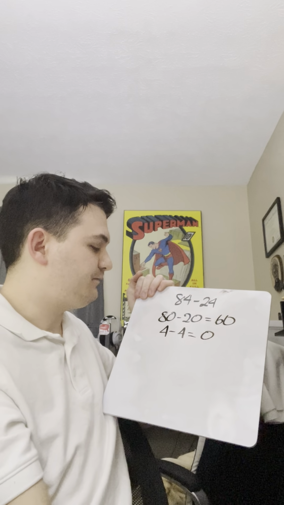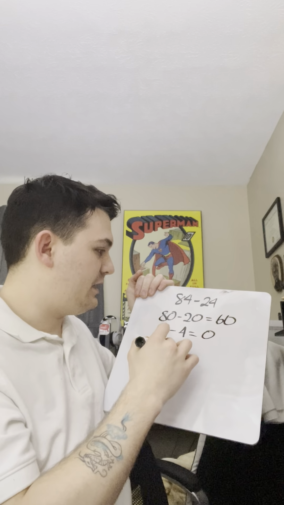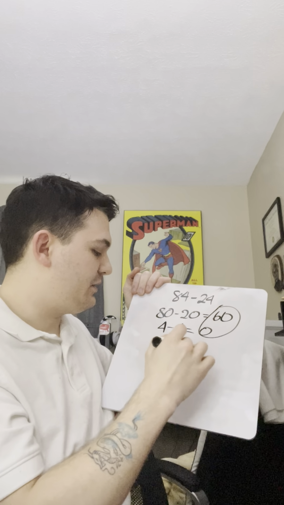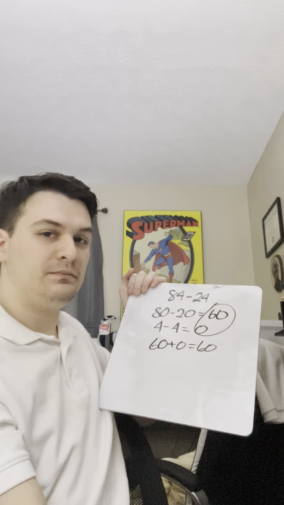as a 0. So when you get both of your subtraction answers, you can then take your answers and add them together. So in this case, it'd be 60 plus 0, which would still be 60.